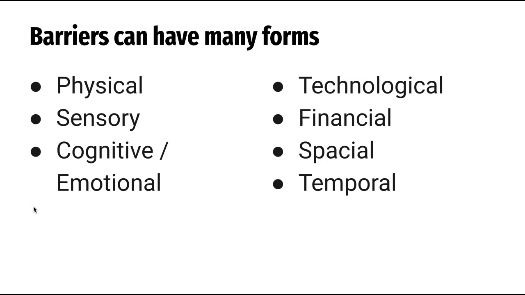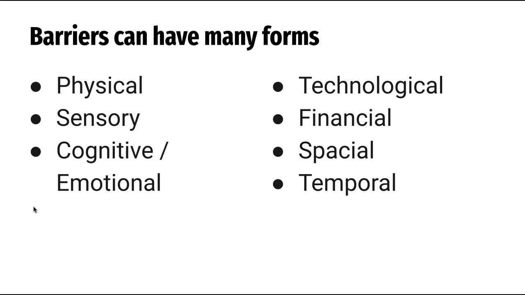We're removing any sensory barriers that may affect student learning, whether that be noise or lighting or other distractions. We're removing any cognitive or emotional barriers for the student. Technological barriers: students have access to the technology that they need and they know how to use it.